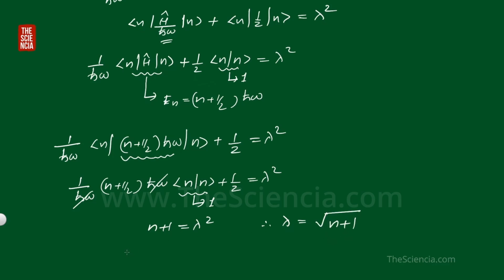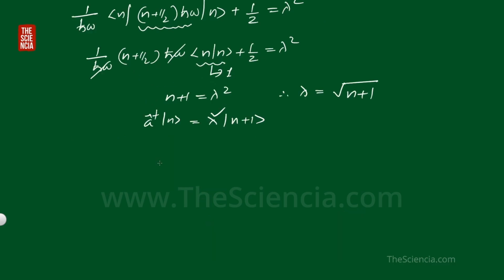That is, the initial expression is a dagger ket n is equal to lambda into ket n plus 1, right? So now we can substitute this value of lambda. So we will obtain a dagger ket n is equal to lambda, which is root n plus 1, ket n plus 1.